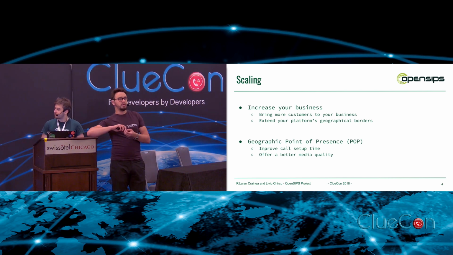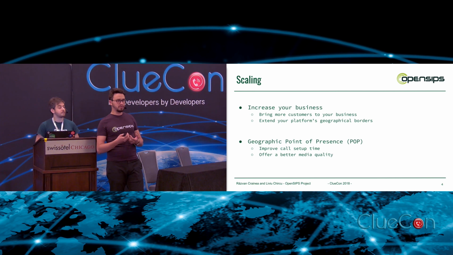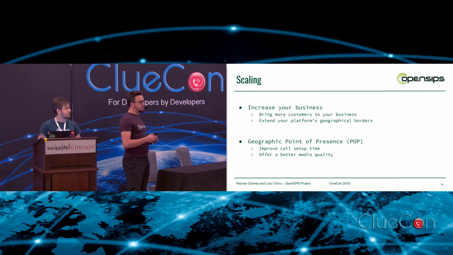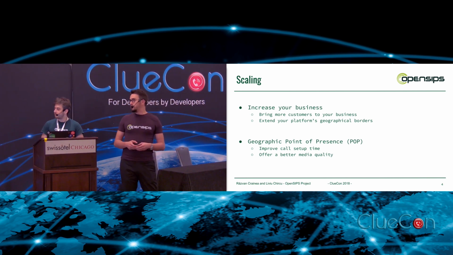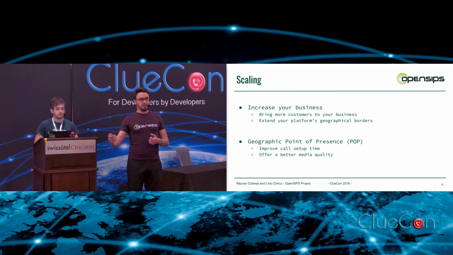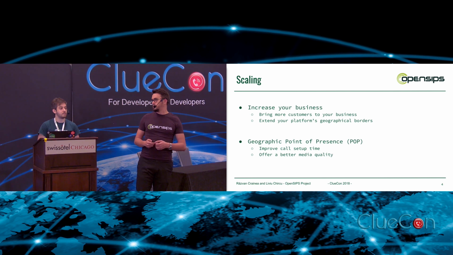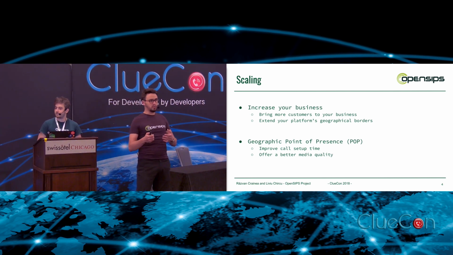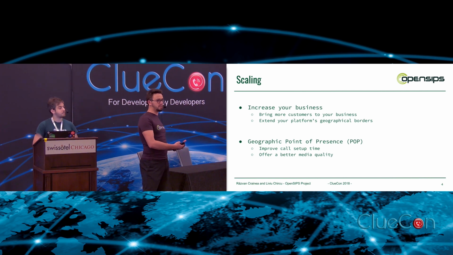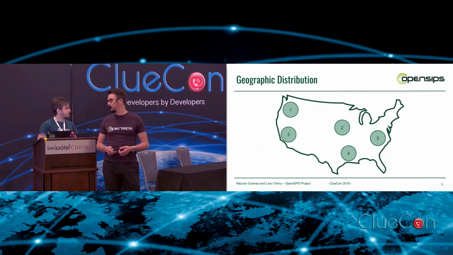You can't support all the, let's say, USA people using only one server. So you start adding more servers, probably in different geographic locations, in order to improve the call quality for your customers. You want to put the servers as close as possible to them.